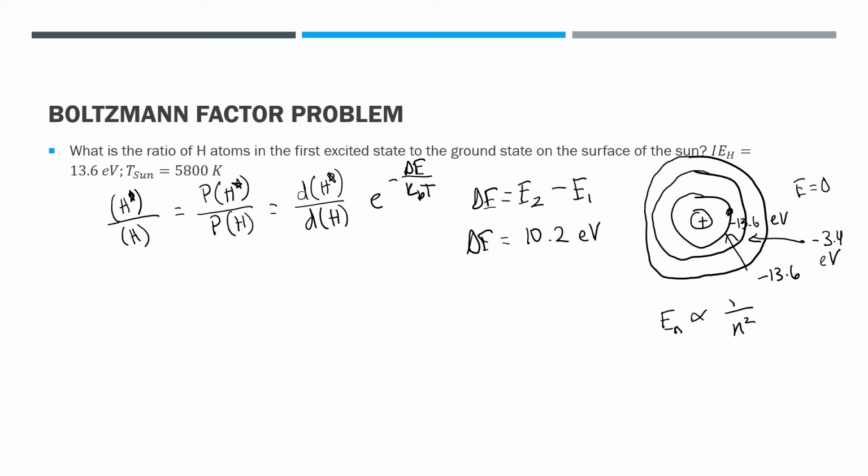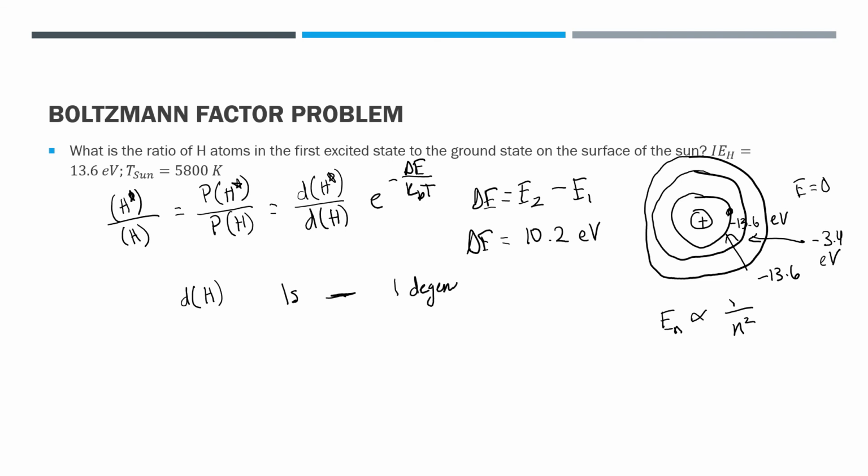Good. So now we just need to find the degeneracies, or the ratio of the degeneracies. Let's look at our ground state first. With our ground state, we just have our 1s orbital. Our electron can only occupy the 1s orbital, so there's only one degeneracy.